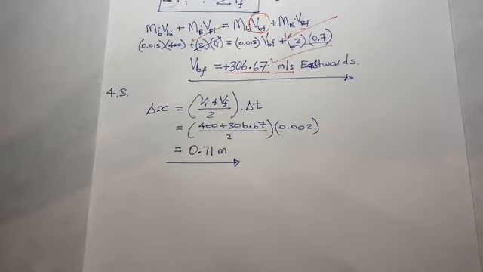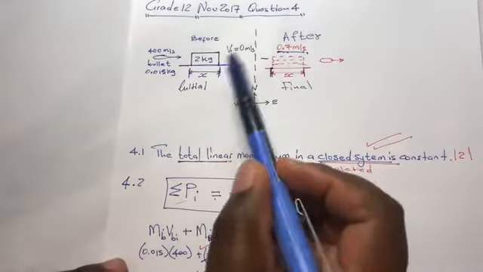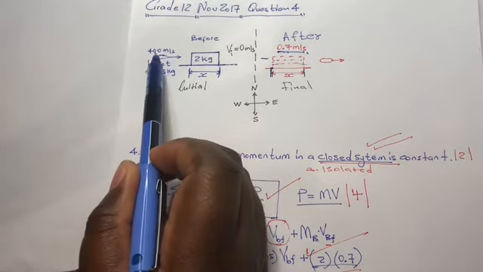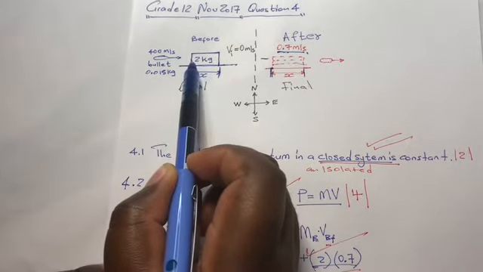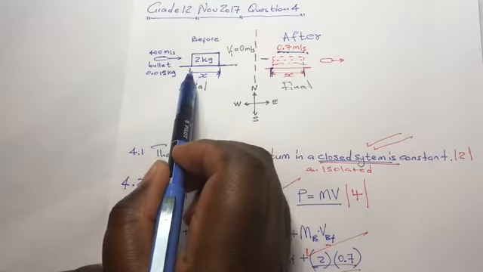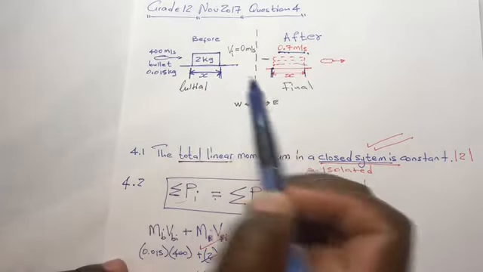Yeah, no, I think I need to re-explain this part again. So let's see, guys. Remember, this bullet is traveling to the east at 400 meters per second, and it passes through that block, and the distance of the block is the one referred to as x.